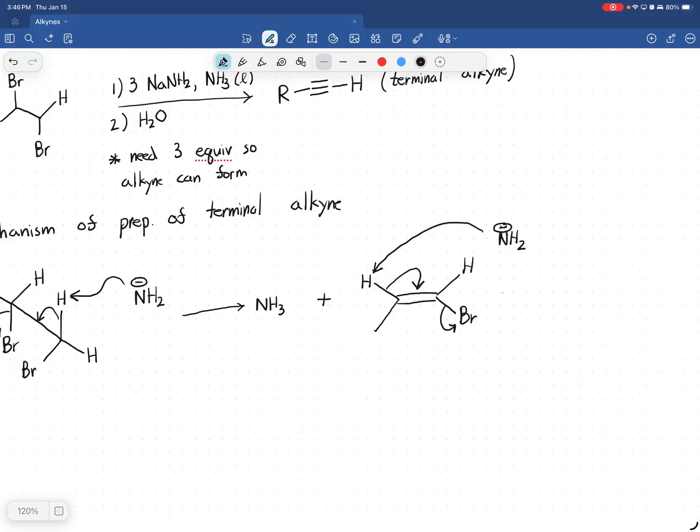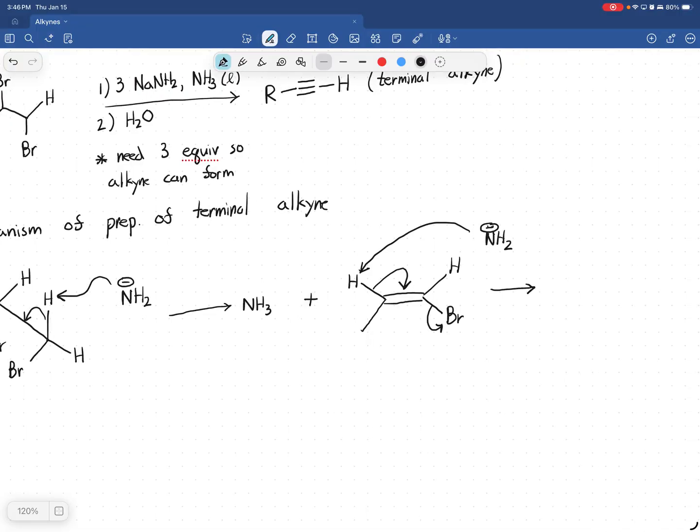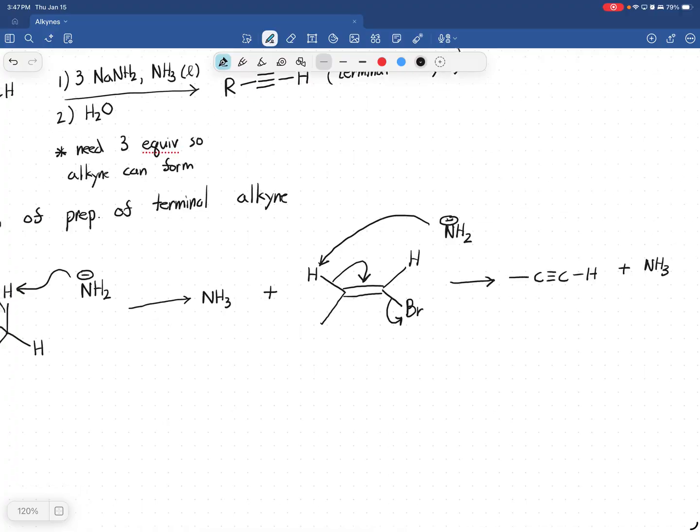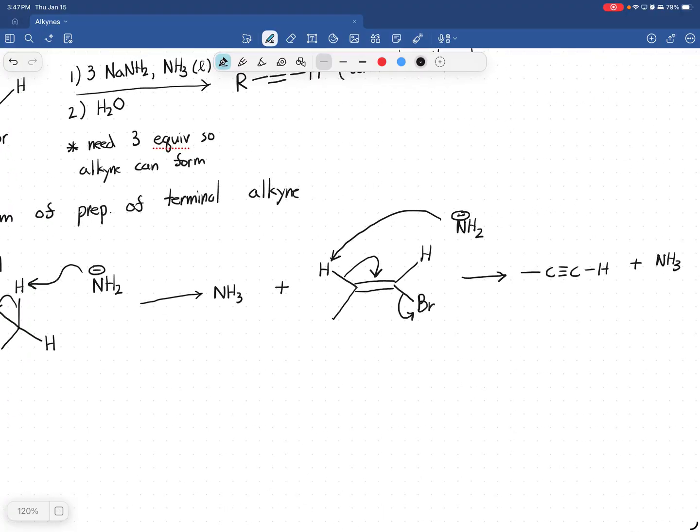So what happens here now is that sodium bromide, sorry, not sodium bromide, but now we have the alkyne, triple bond, CH. All right, plus NH3. Okay. So the problem with this step now is that this hydrogen right here is very acidic.